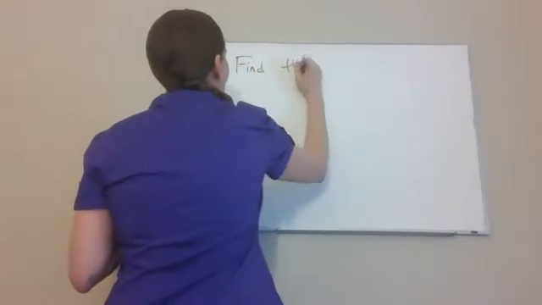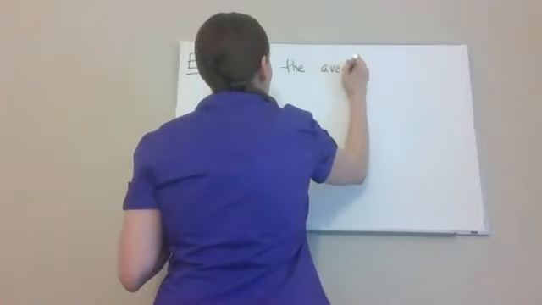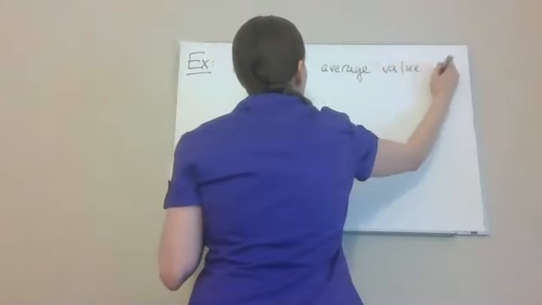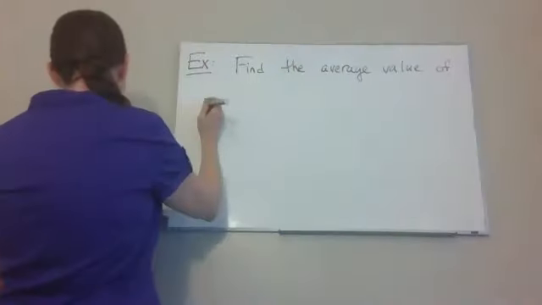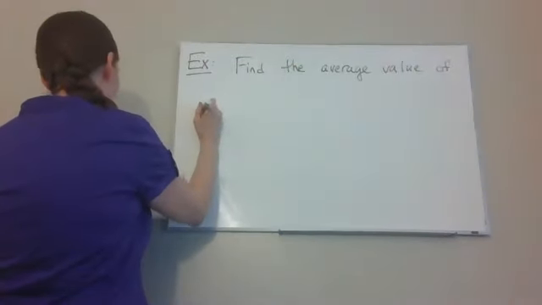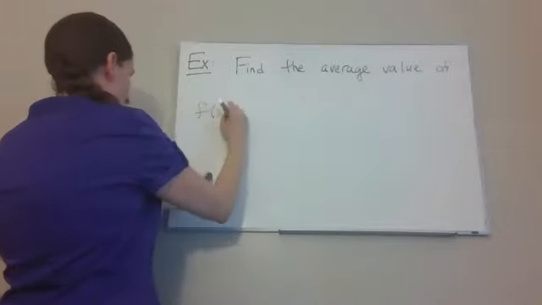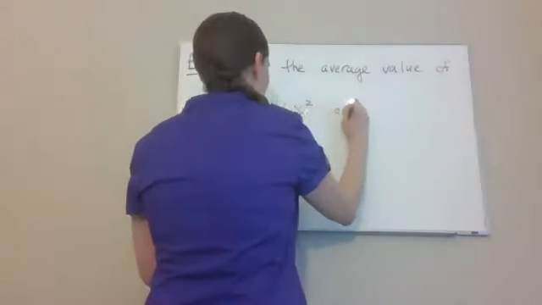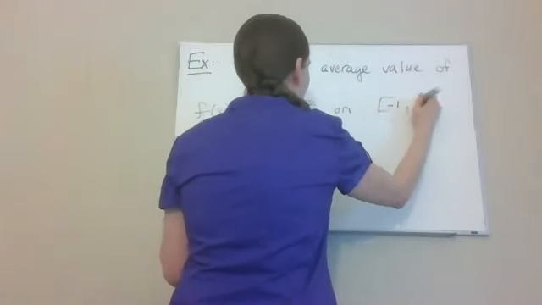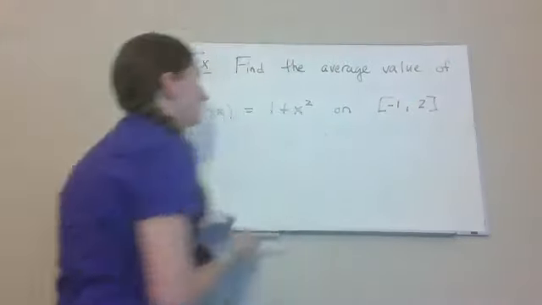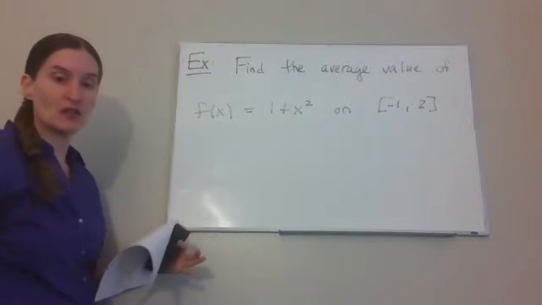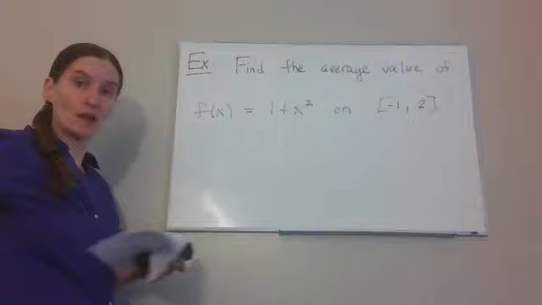So find the average value of the function f of x equals 1 plus x squared on the interval -1 to 2. To find the average value of the function, we just need to use that formula that we just learned.